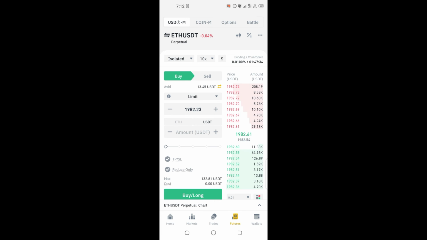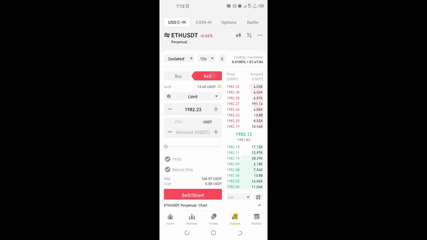So when do you actually buy and when do you actually sell on futures trading? If you anticipate or speculate that the price of an asset is going to increase, then you enter the trade and you buy. There you will be making profit if the price is increasing as you speculated. But if the price is reducing, then you'll be making a loss.